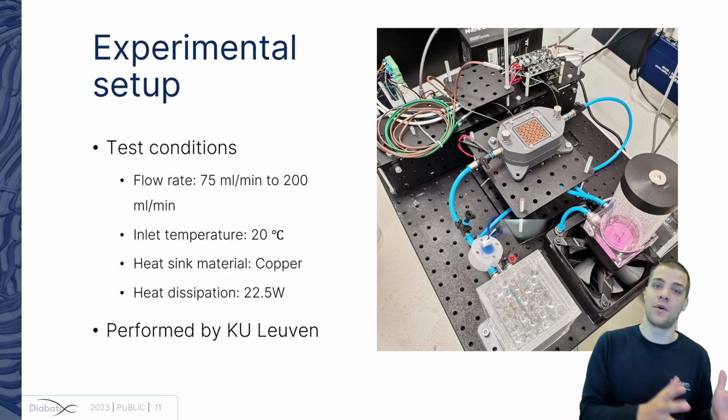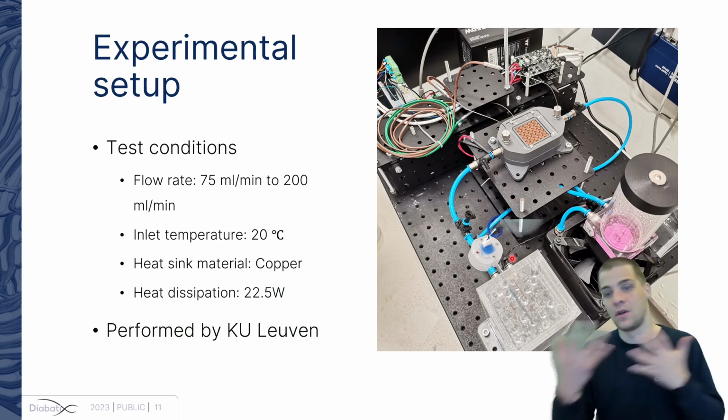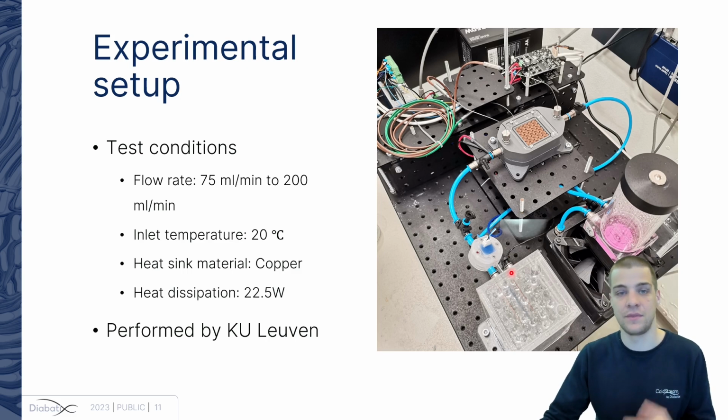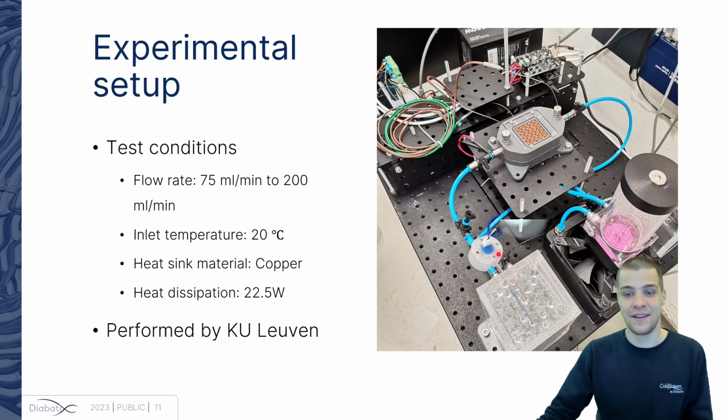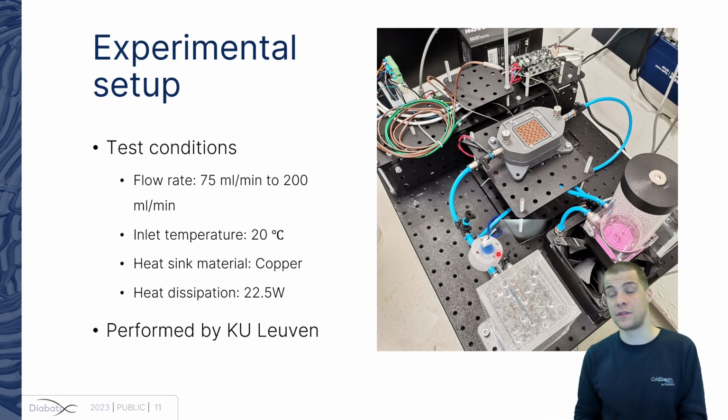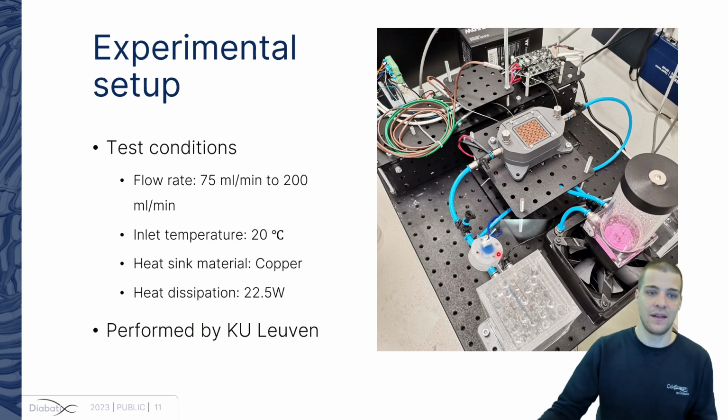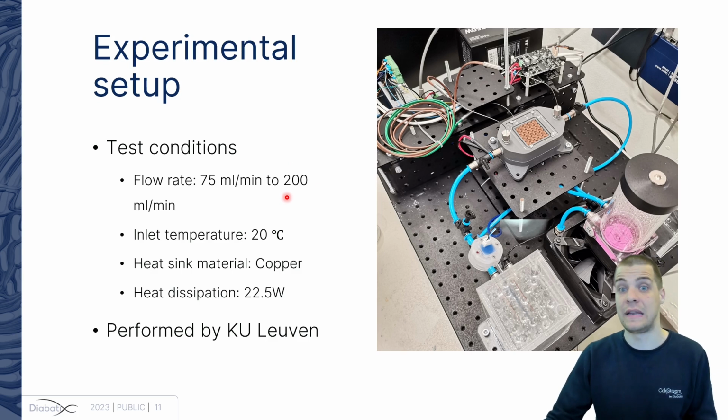So we designed for a water glycol coolant, while in their physical setup, distilled water is being used. The pump itself could also not reach the flow rate that we designed it for, the 0.82 liters per minute. In this setup, the pump could only reach a maximum of 200 milliliters per minute.